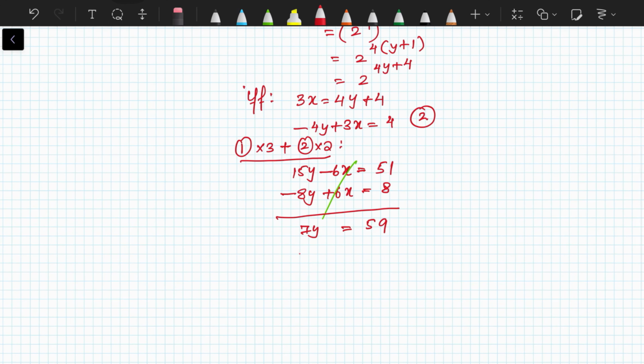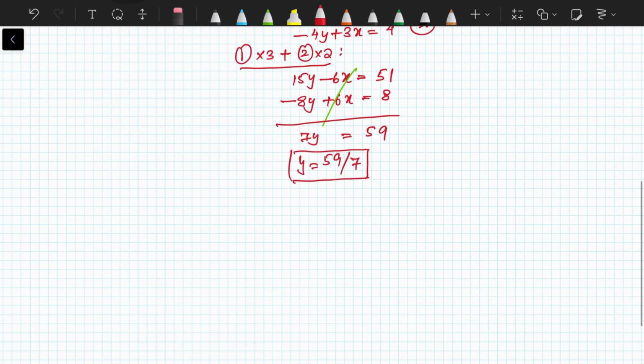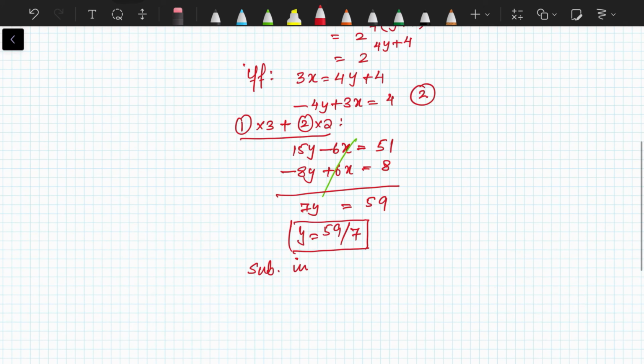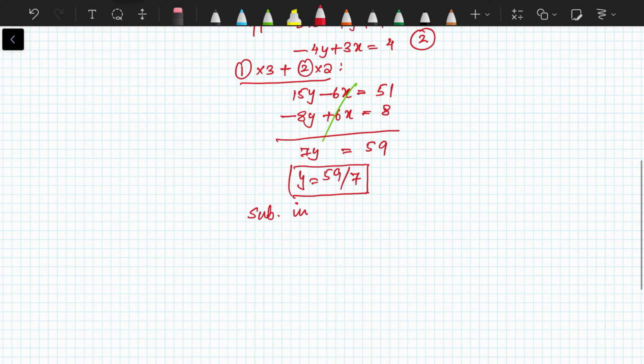So my one variable is y is equal to 59 over 7. This is my one variable. So let's go and substitute this in, let's say, number 2. What's number 2? Negative 4y plus 3x equal 4.